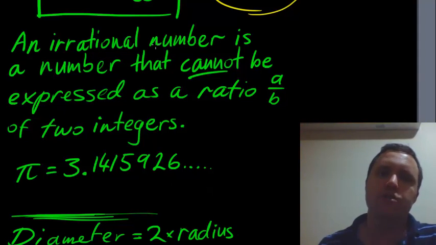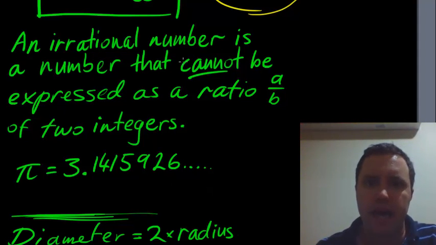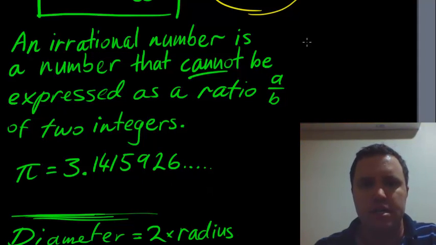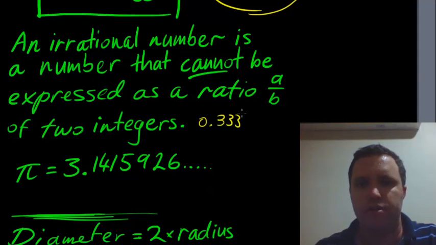An irrational number is a number that cannot be expressed as a ratio a over b of two integers. So for instance, 0.333 recurring can be represented as 1 over 3.